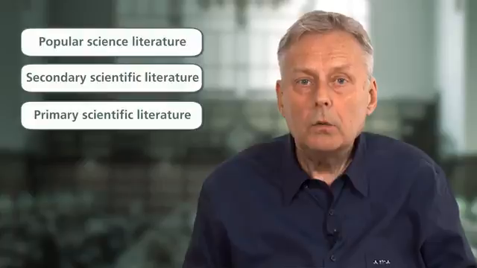If you can distinguish between these three literature types, popular science, secondary scientific literature, primary scientific literature, it'll possibly help you to improve your search process and facilitate your selection of relevant literature for your assignment. We'll start with popular science literature, which is intended for the non-specialist or layman and therefore describes scientific research in everyday language.